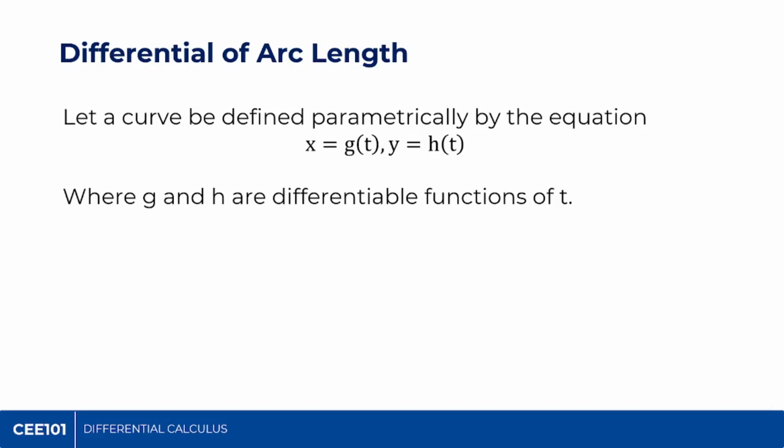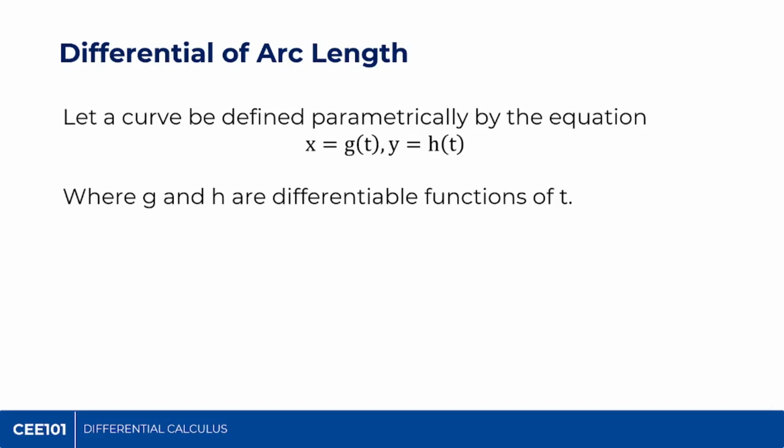Tama ba? Yes, sir. Okay, basically, you have here two equations, like for example x and y, and then they are being expressed in terms of a certain variable. In here, we have t, and that variable should be common to both equations. Then we can say that that variable is a parameter, where g and h are both differentiable functions of t.